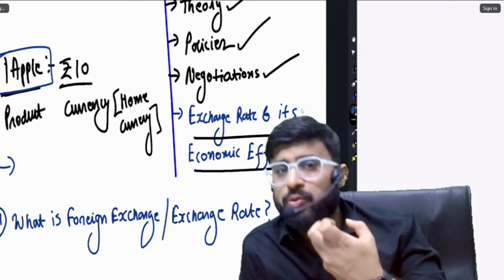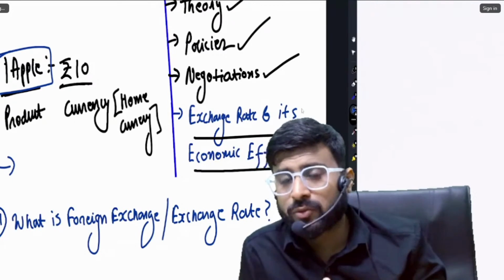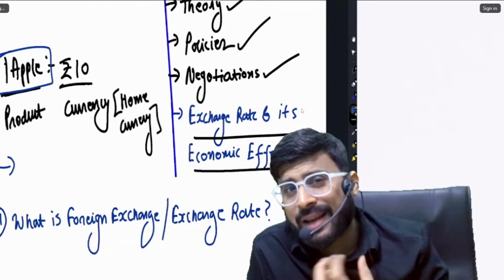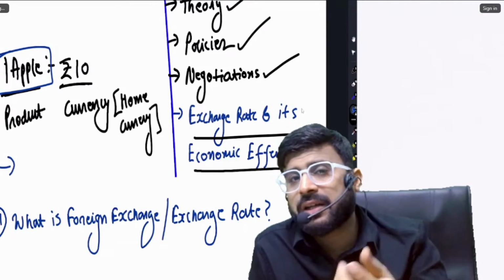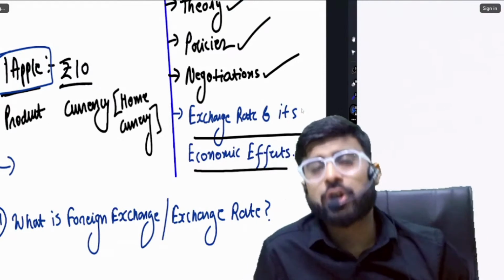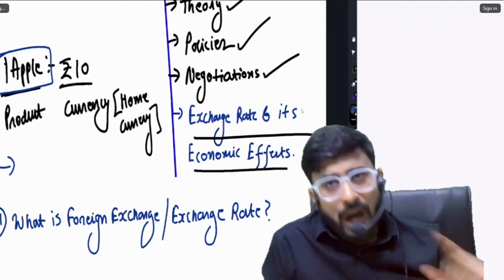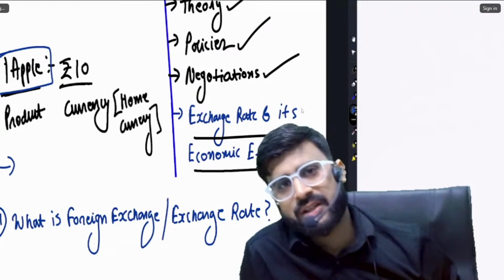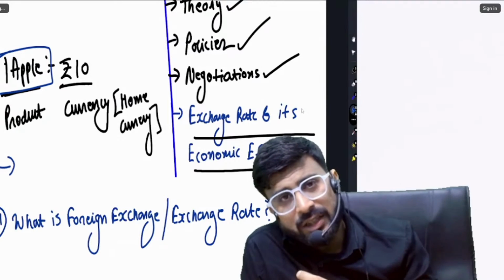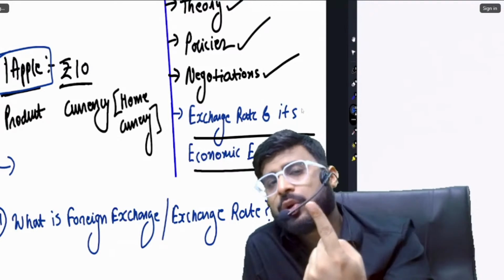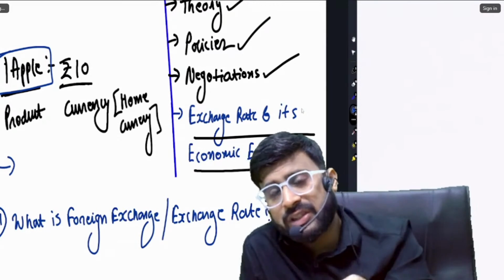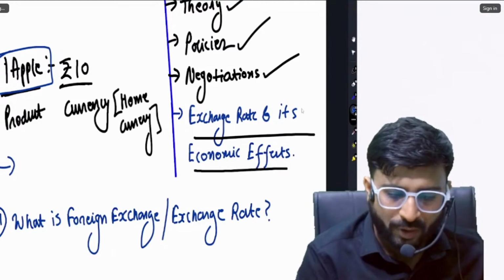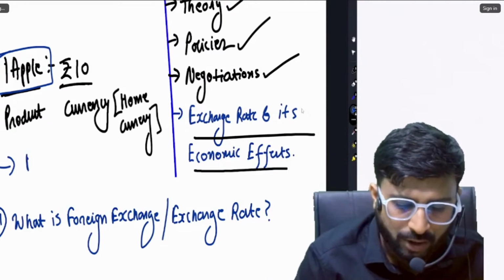This time, your commodity, the product that you have to buy, is not an apple but another country's currency, because you have to go to that country, so you have to take that country's currency. To get that currency you have to pay some money, and that is called the exchange rate or foreign exchange. The amount of Indian currency, that is home currency, you have to give to buy 1 unit, in this case $1 of foreign currency, is called exchange rate or foreign exchange rate, whatever you want to call it.